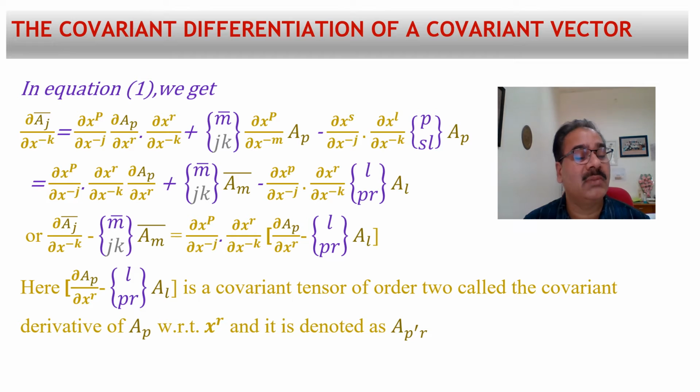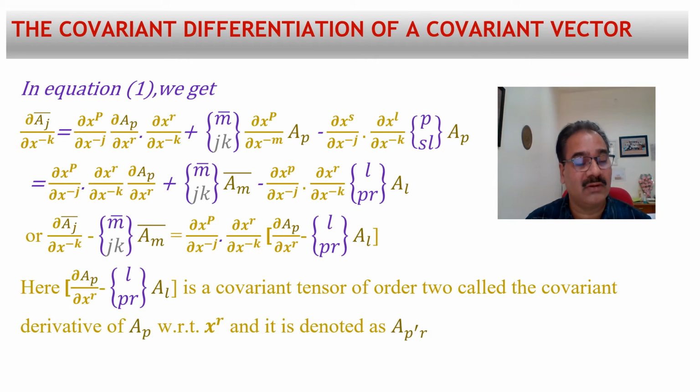Now this may be used in equation 1, as shown in the previous PPT. For del A bar_j over del x bar^k, you will get del x^p over del x bar^j del A_p over del x^r dot del x^r over del x bar^k plus the Christoffel symbol {m over jk} bar del x^p over del x bar^m A_p minus del x^s over del x bar^j dot del x^l over del x bar^k {p over sl} A_p.